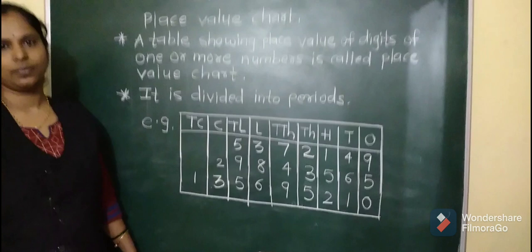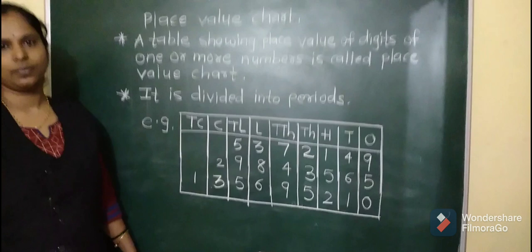Here also, as we have used this chart, we can easily tell the place. We need not show the multiplication. Directly we come to know the place value of the digits given in the chart. So this is 2 crore 98 lakh 43,565. This is an 8-digit number.